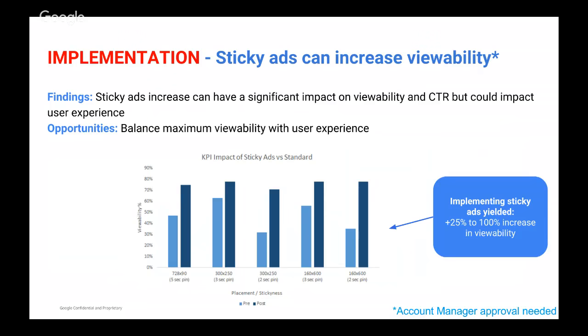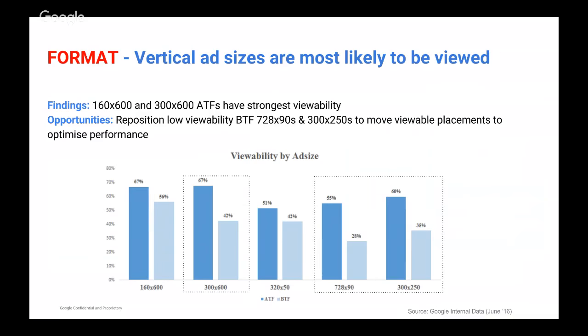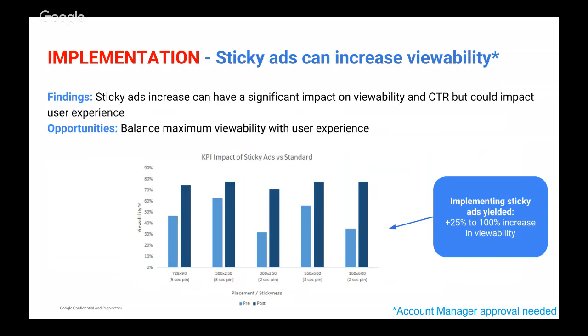And the 300 by 600 ad unit, if I just go back to the previous slide, hopefully this will work for me. Exactly. So you can see if I compare the above the fold performance, 67% viewability and 42% viewability below the fold. So you can definitely increase the below the fold viewability as well, not necessarily just by moving the 300 by 600 above the fold, but you can actually make it sticky.